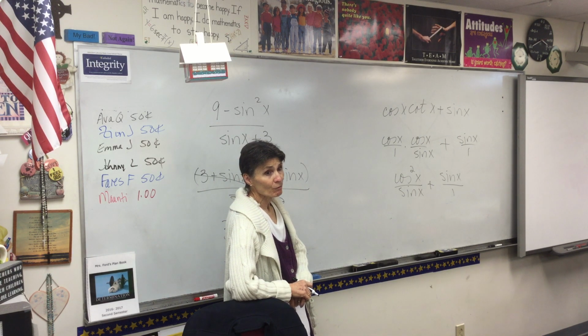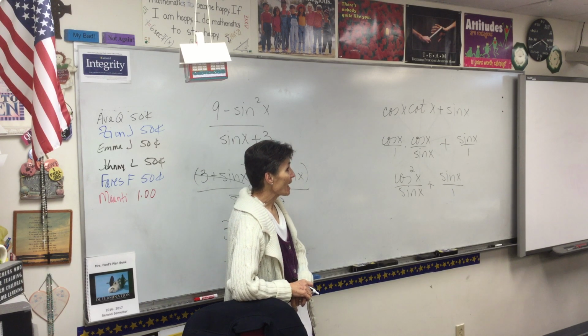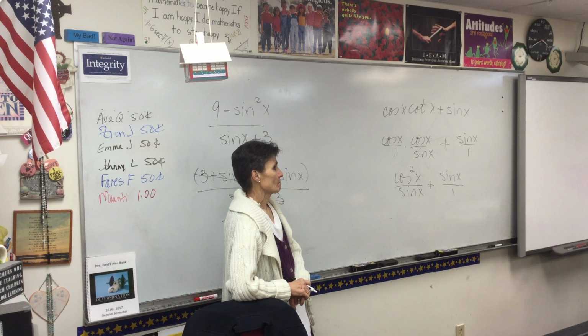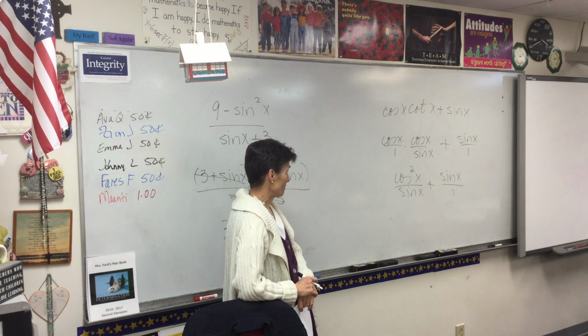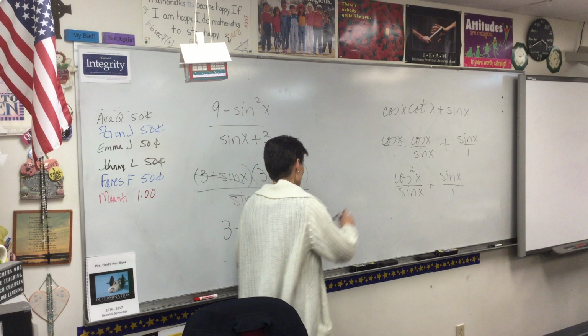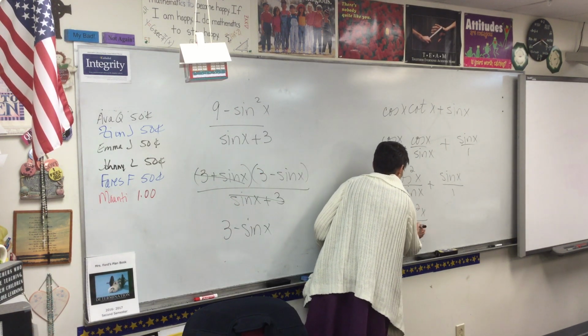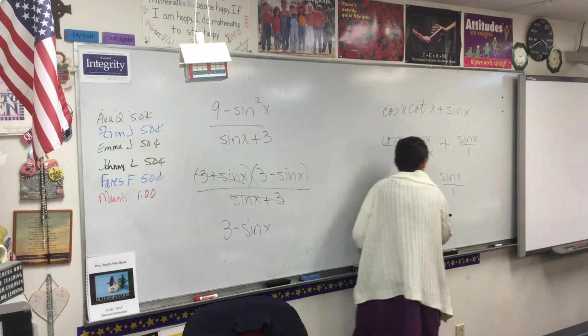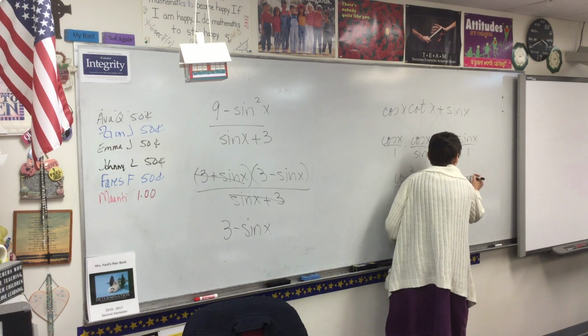You're adding fractions. What do we do when we have to add fractions? Get the same denominator. Get a common denominator. What will our common denominator be? Sine x. Sine. So this one has it already, but this one needs it. So I'm going to multiply by sine.